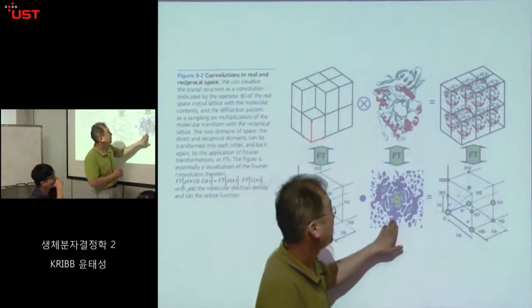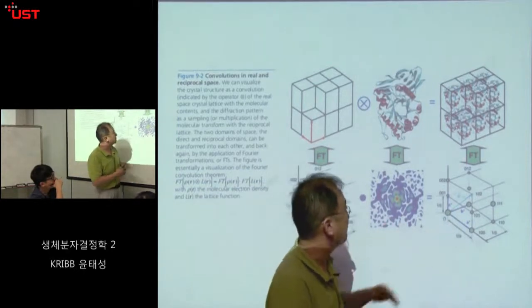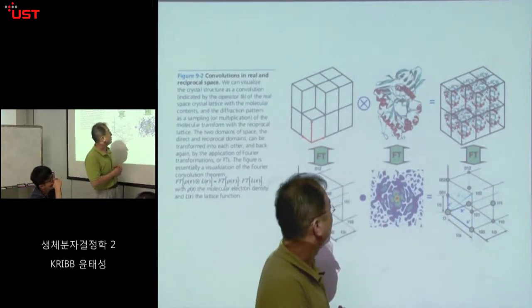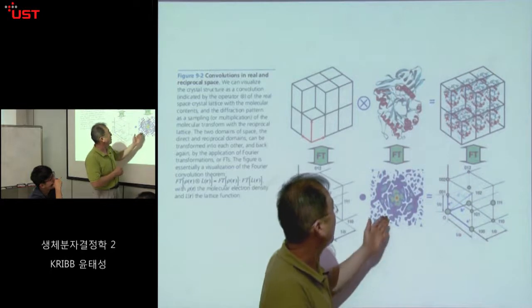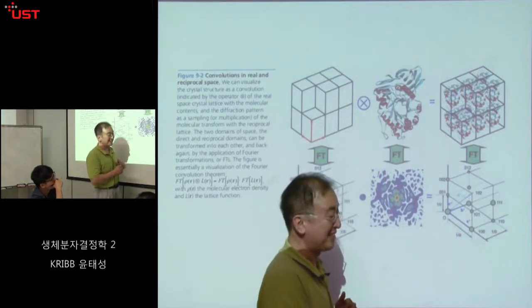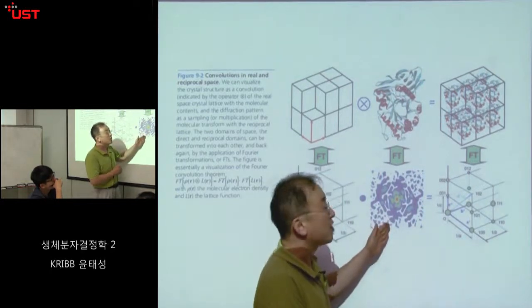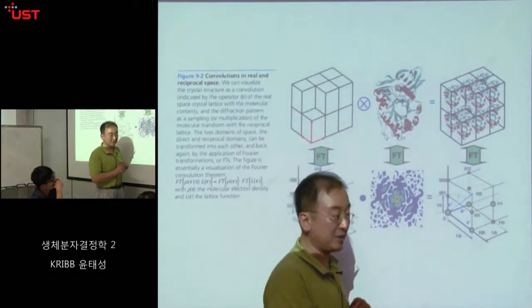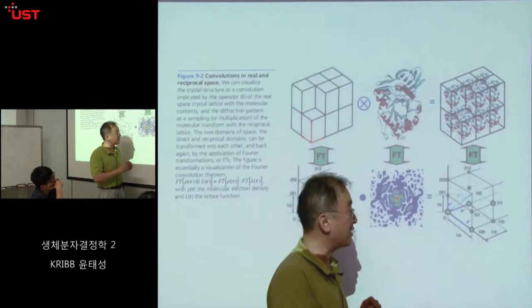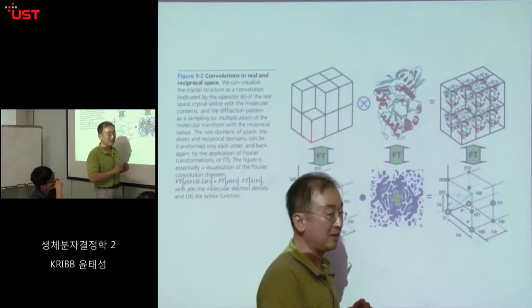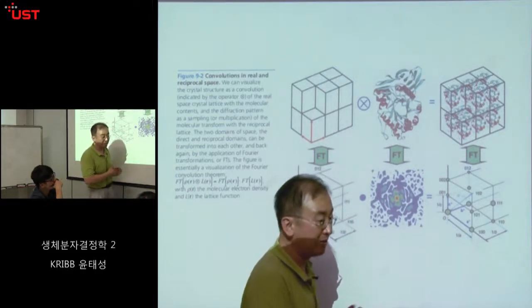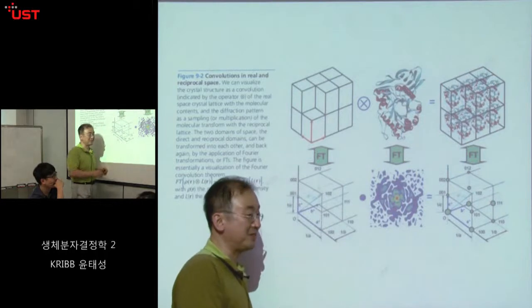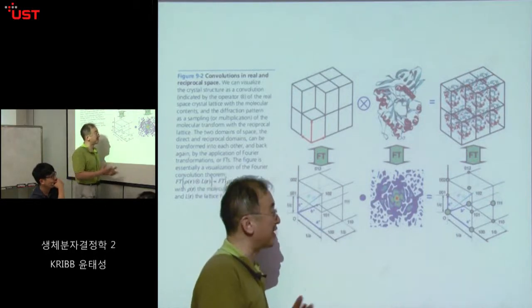So, if you look at this and this, I'm just giving the correct answer. This one is a continuous function. This one is a discrete function over integral HKL. I'm sorry to give the answer, but to save time, I gave it to you.